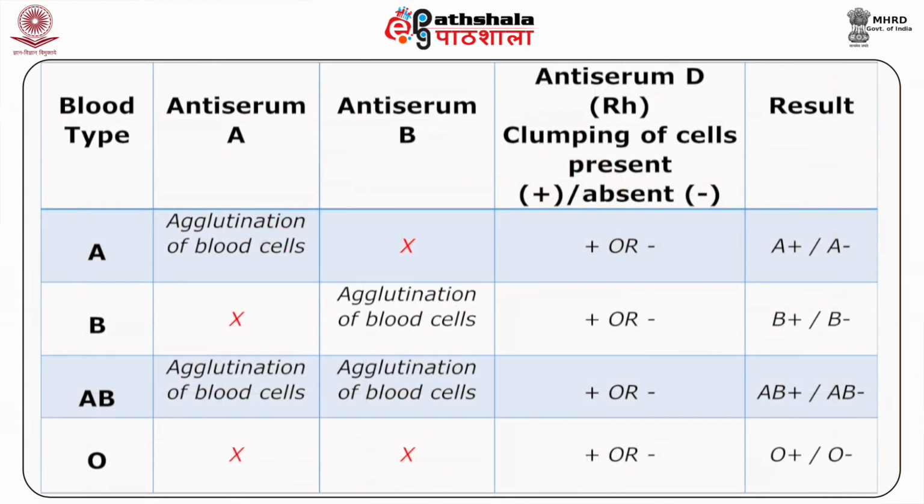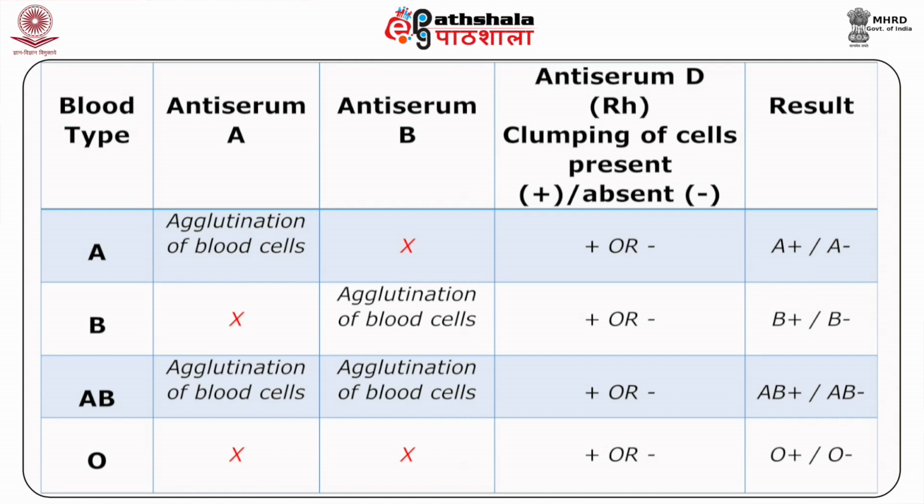For example, as you can see in this table, blood type A will produce antibodies against antiserum B. That is, it will result in agglutination of the sample. Similarly, type B will show clumping when antiserum A is poured.